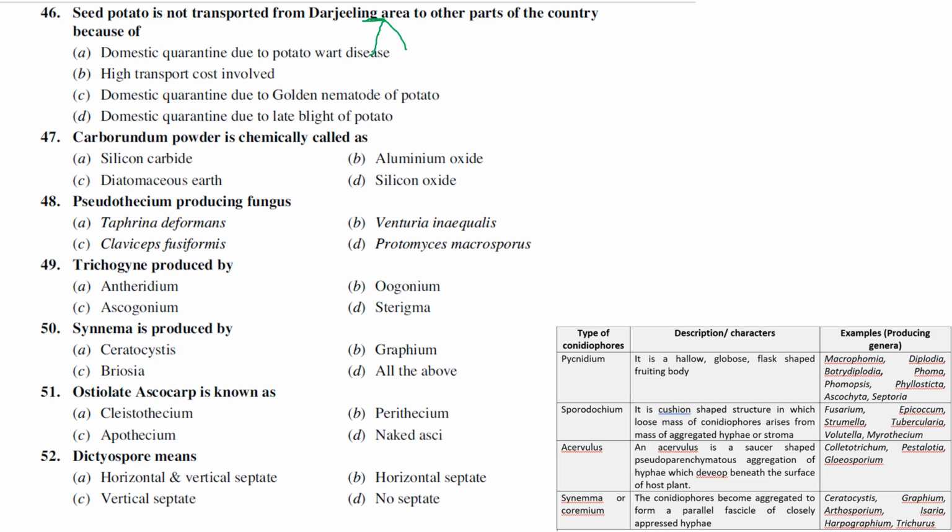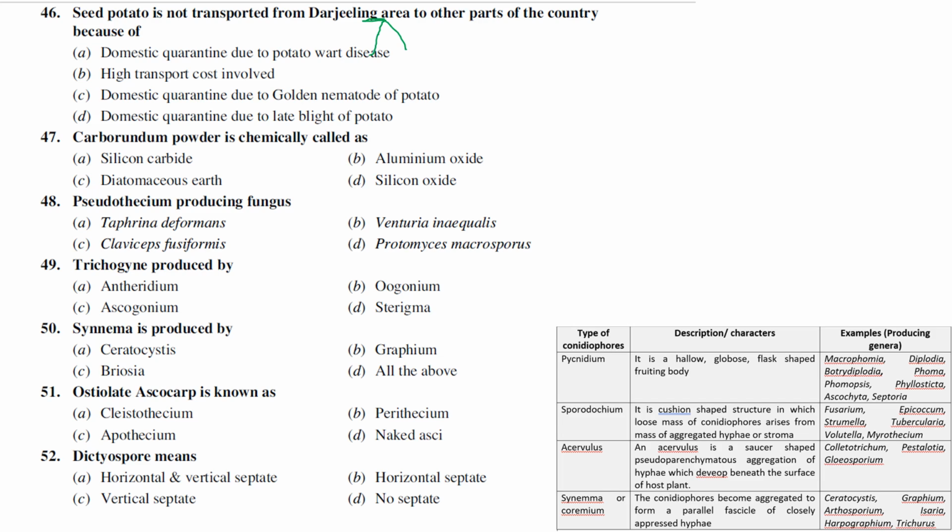Synchytrium endobioticum is generally more prevalent in Darjeeling district. So the potato grown in Darjeeling of West Bengal is not supposed to be transported to other parts of the nation, just because of a domestic quarantine.